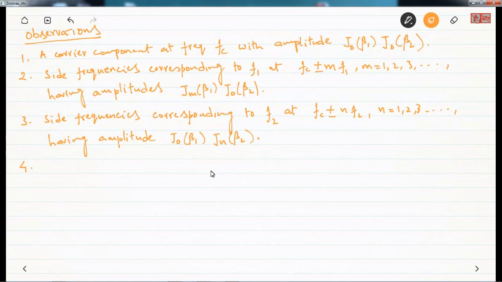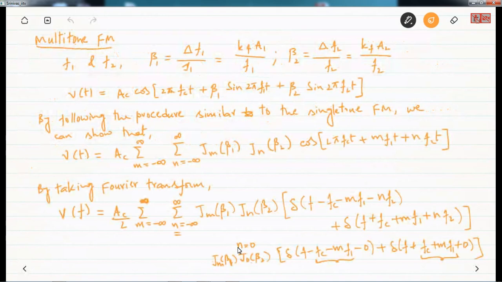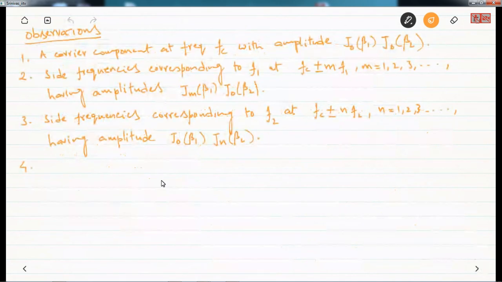So instead of n equal to 0, put m equal to 0, and that makes this equal to J naught of beta 1. So this makes Jn of beta 2, and this becomes nF2, and this also becomes nF2. Anyway, don't get confused. You can do this. No need to copy from the notes.